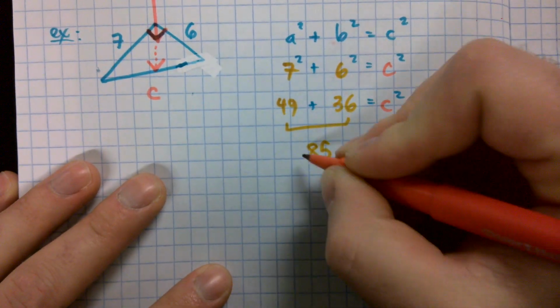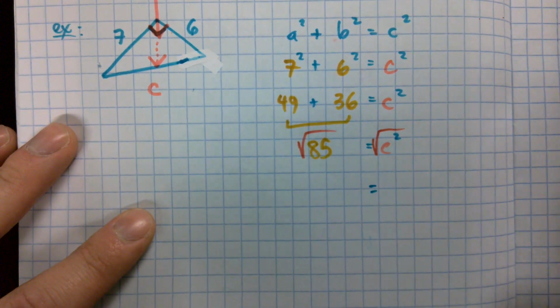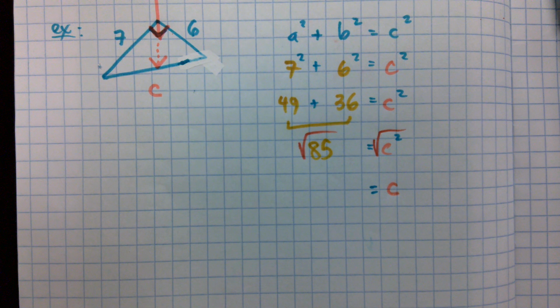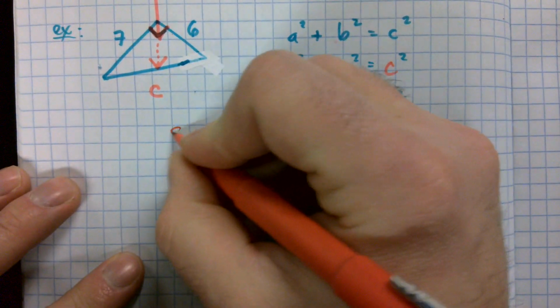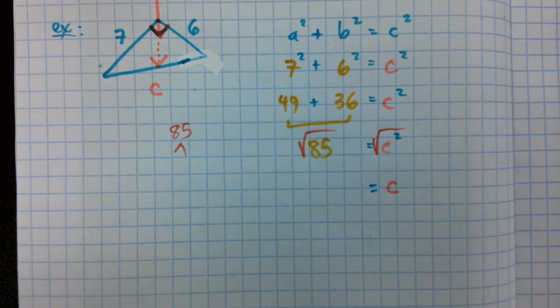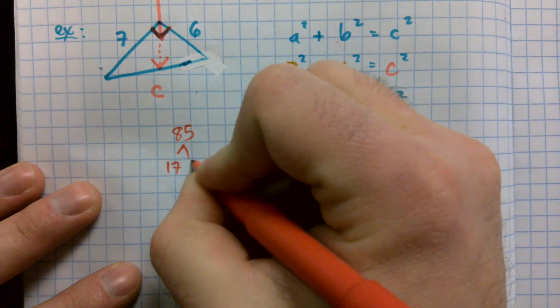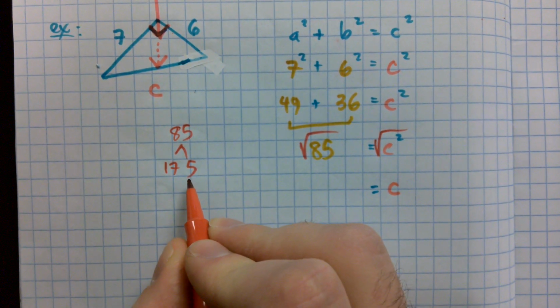Square root. The left and the right. The right side just simplifies to C. And 85, we're going to have to do a little factor tree for. What two numbers multiply to give me 85? 5 and 17. Nice. Can I split up 17? No. Can I split up 5?